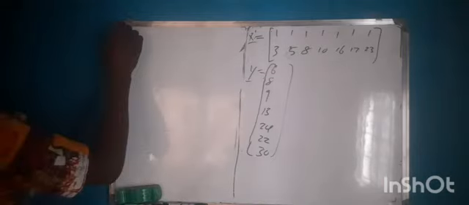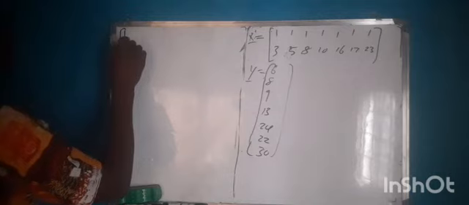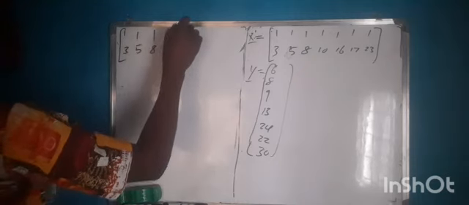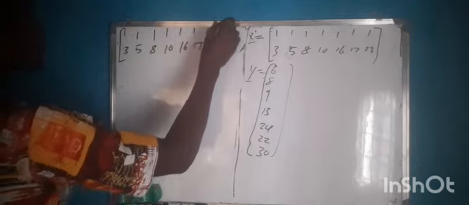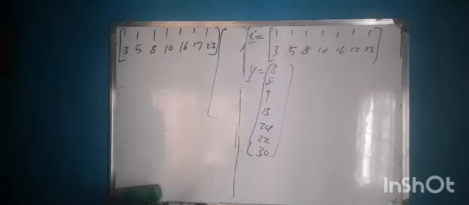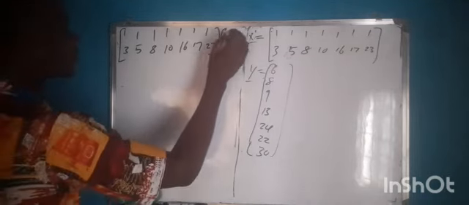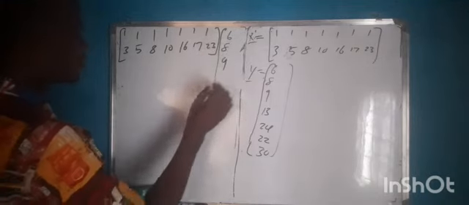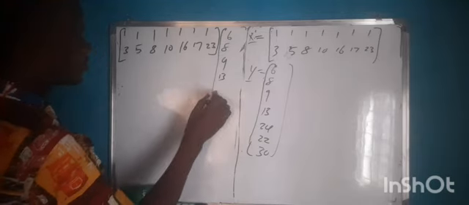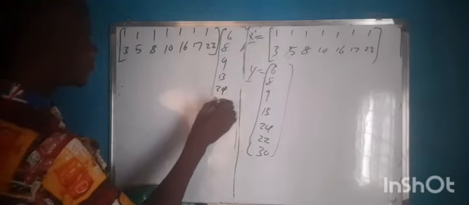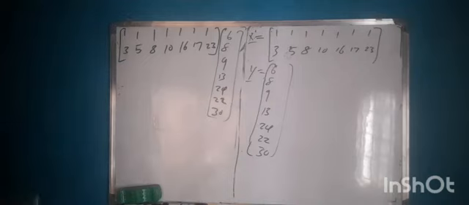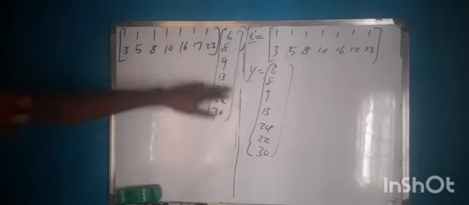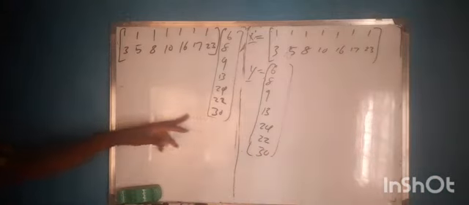So we have 1 1 1 1 1 1 1, 5 8 10 16 17 23 multiplied by this matrix, which is 6 8 9 13 24 22 30. We use this first row and multiply this column and take the sum.